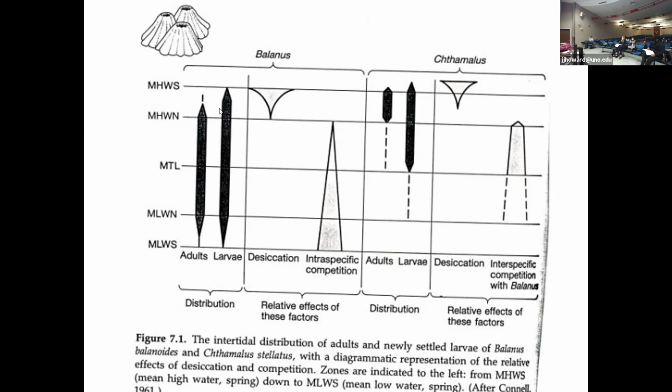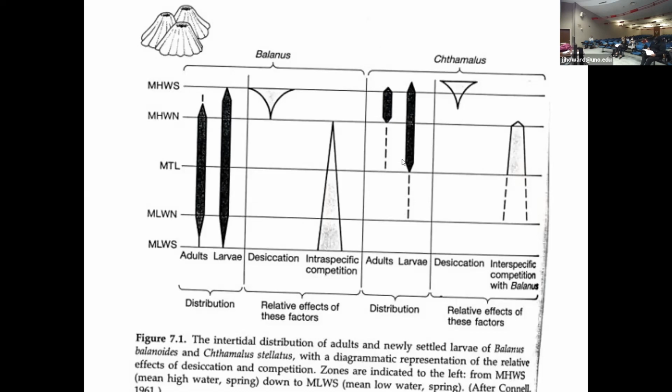Okay, in contrast, Chthamalus larvae can colonize way, way down into the lower intertidal. So they can live there, but the adults only survive in the upper intertidal. Okay, so the patterns are different. Balanus basically colonizes the area that it can tolerate. It colonizes the area that represents its niche.